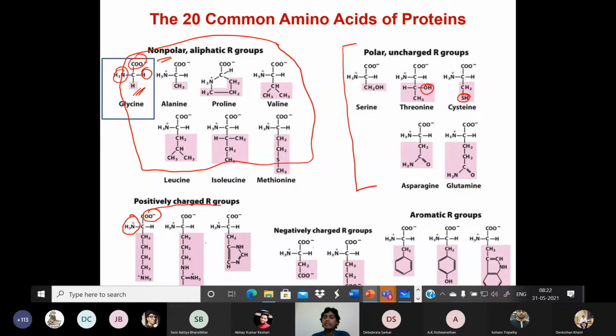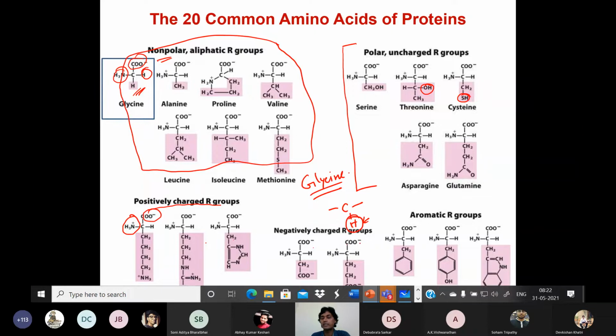So the bottom line is, as I told you, there is nothing you need to remember here. The only thing you should remember is that glycine is the simplest amino acid, where the R group is nothing but one hydrogen. This is the R group in the case of glycine.